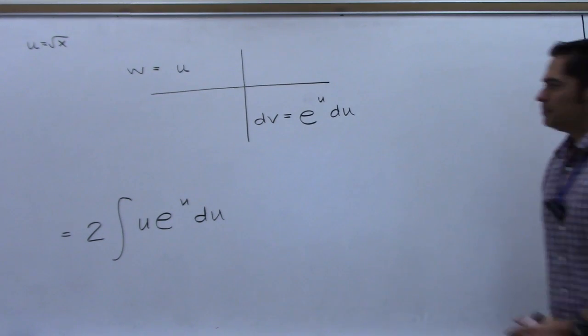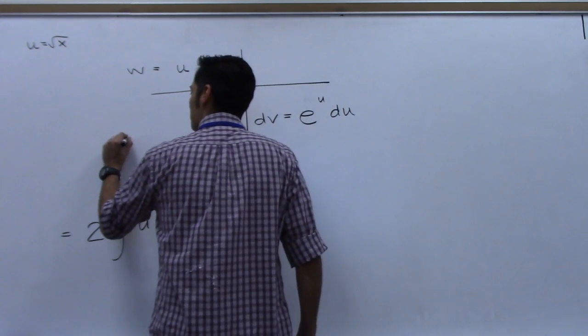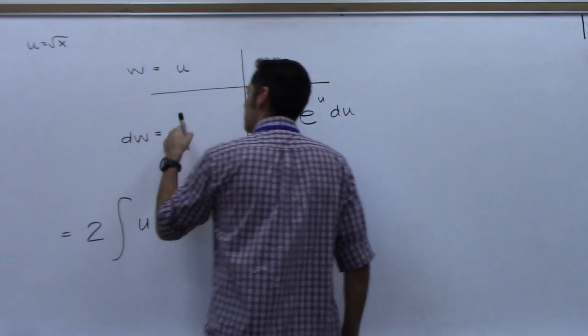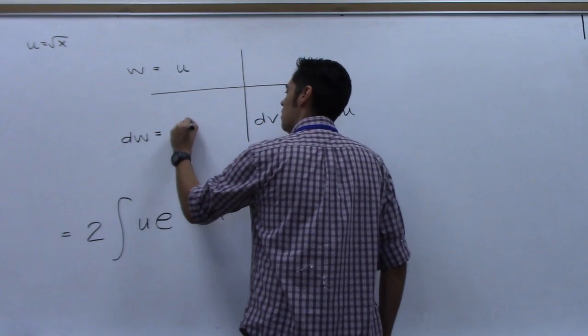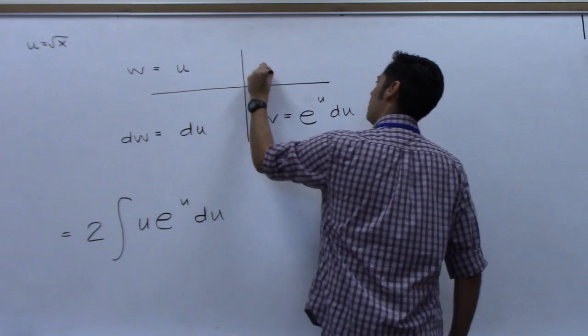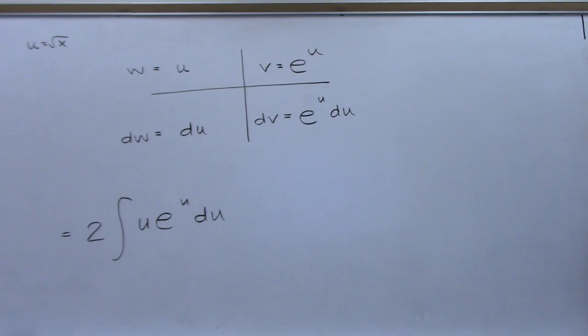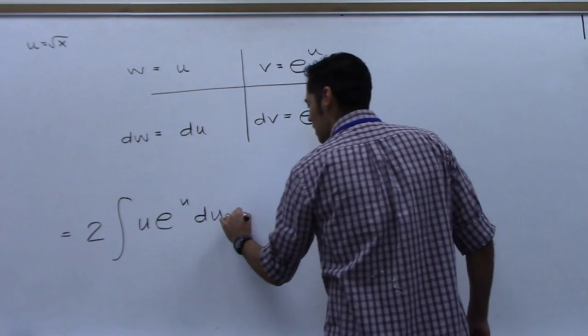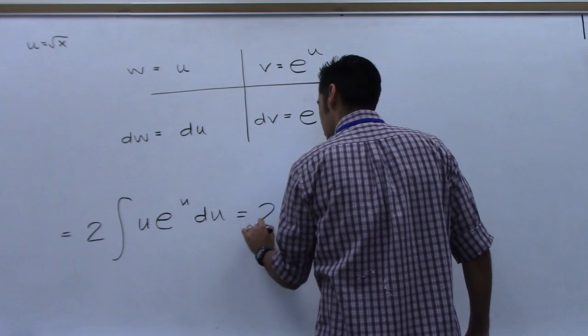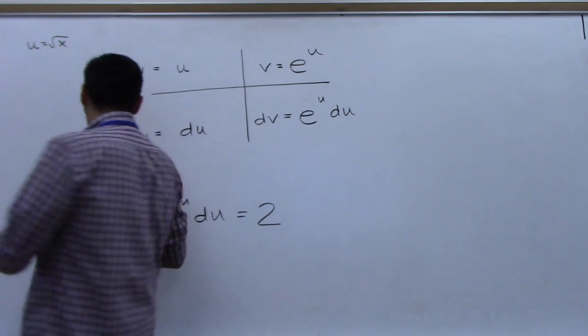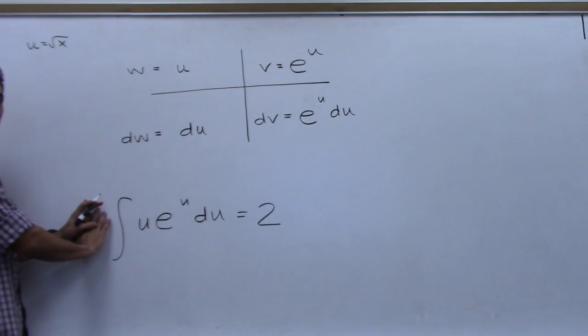All right, dw. We differentiate down is going to be du. And then v up, just e to the u. So this integral becomes 2. So this 2 right here is going to be passed through whatever I get now, right?